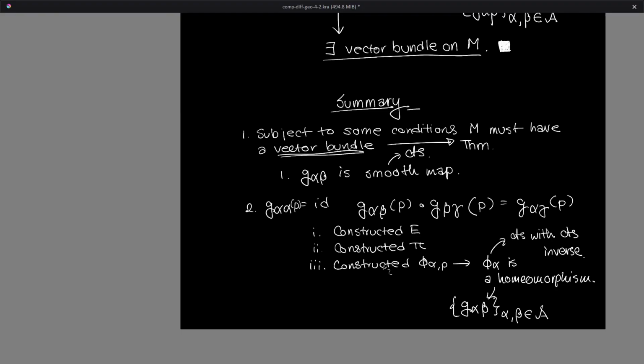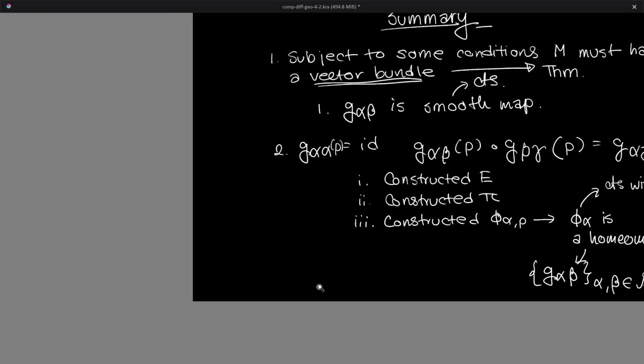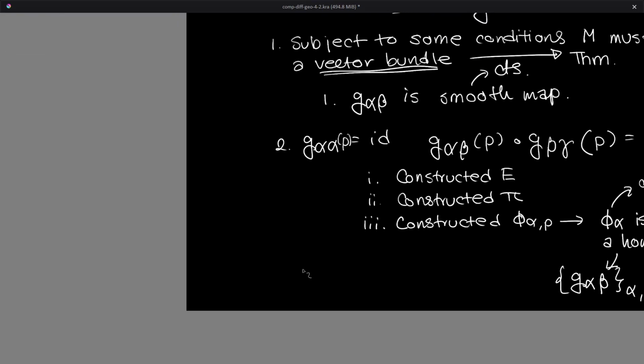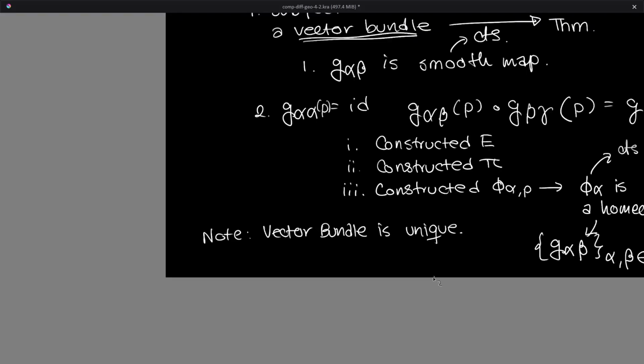Now, one thing that I forgot to mention is a note. I was going to mention this before the summary, but let's do it now. Note, this vector bundle is unique. Steenrod talks about this uniqueness.